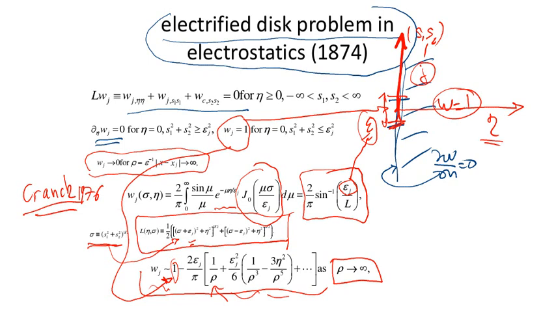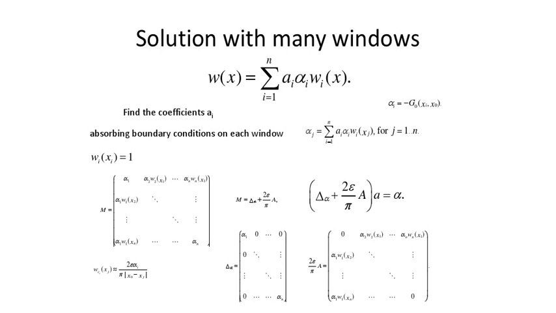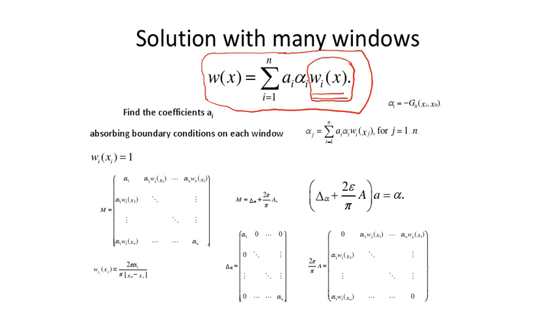So if we continue now, we know the solution for one hole, and we are interested in what is the solution when you have many holes. Because the solution of the Laplace equation is a linear equation, the solution is going to be the sum of the Weber solution computed for each hole.